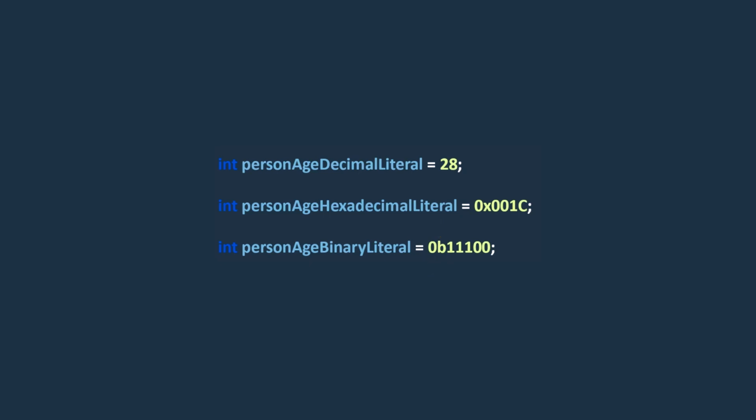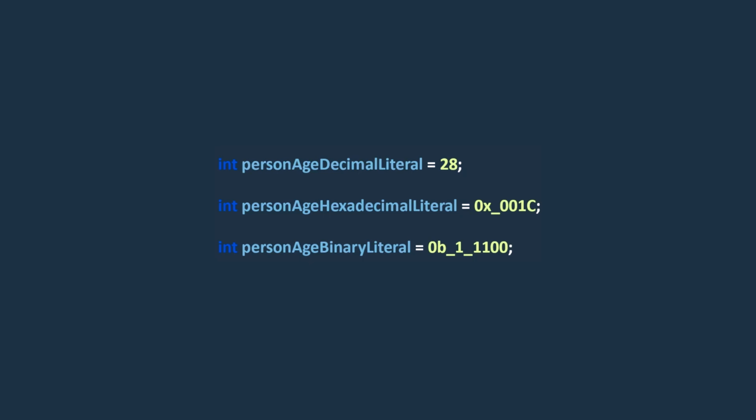Also, for more readability, we can use underscores. Okay, as you can see, if no prefix is specified, by default the number is assumed to be a decimal literal. And generally, programmers almost always use decimal literals to initialize variables.